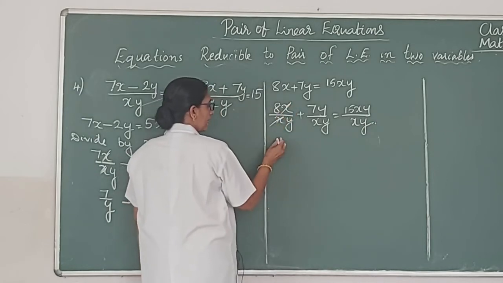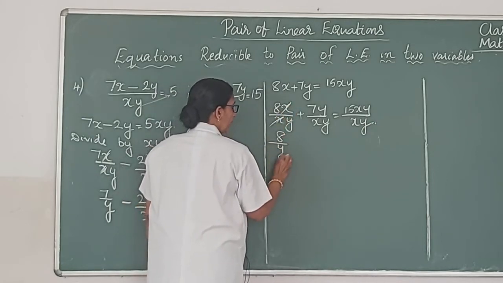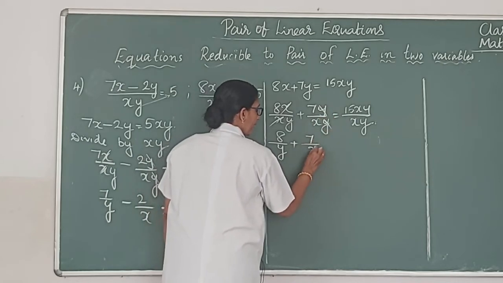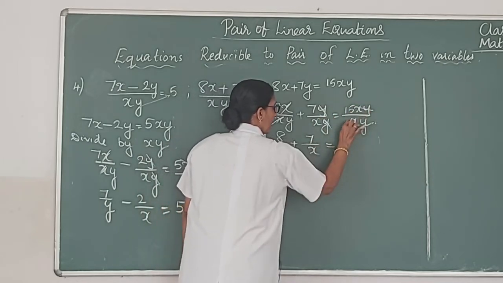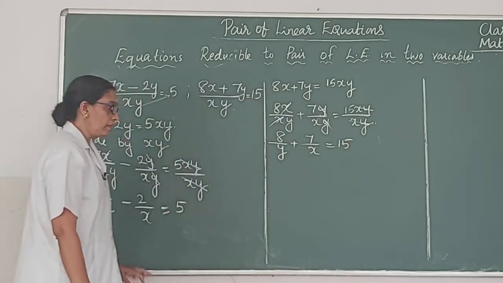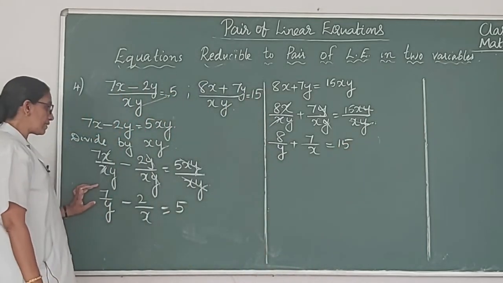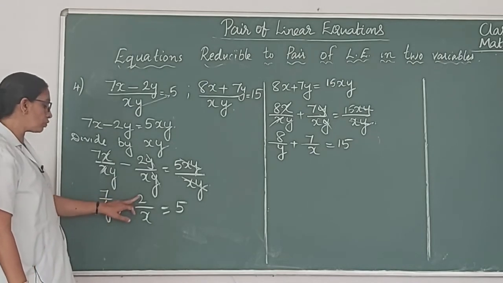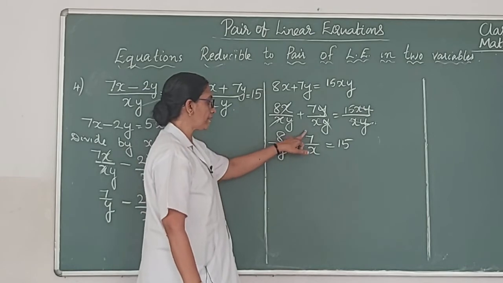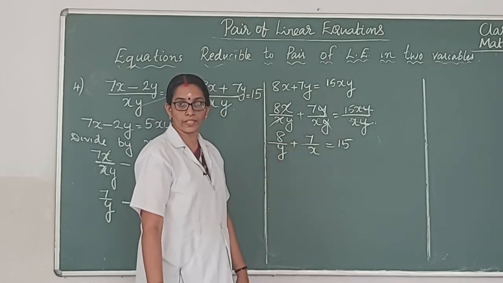We can cancel: 8/y + 7/x = 15. Okay, so we got two equations: 7/y − 2/x = 5 and 8/y + 7/x = 15.